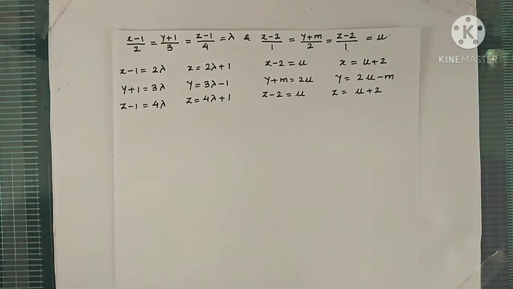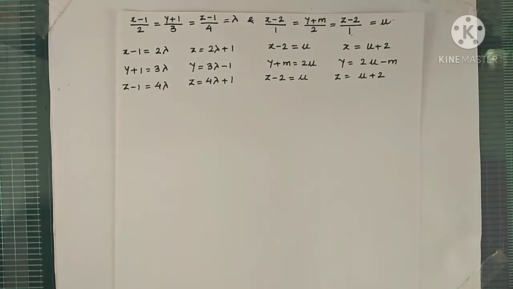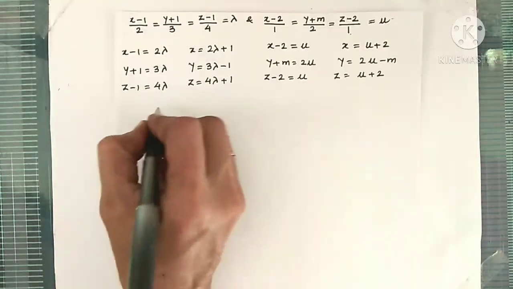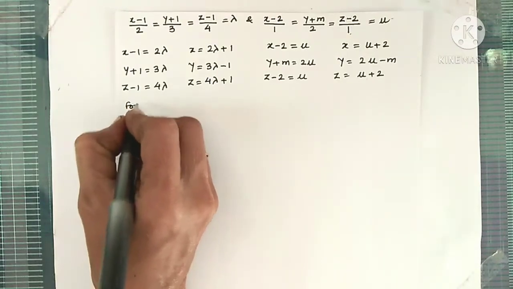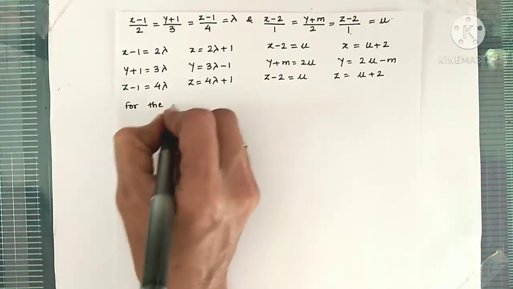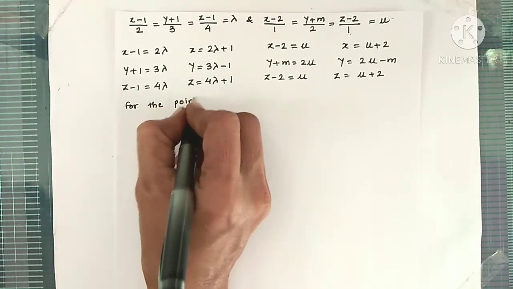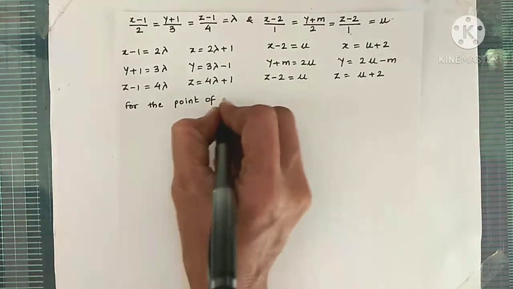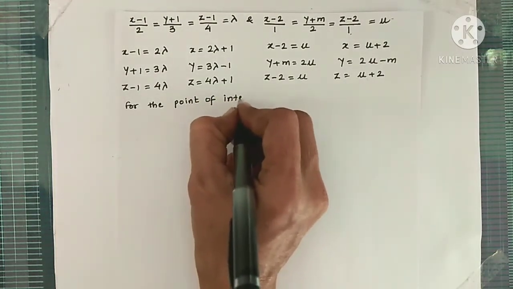So equating these two, let's find out those values. So for the point of intersection, these x coordinates coincide.